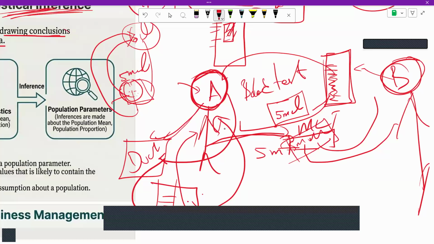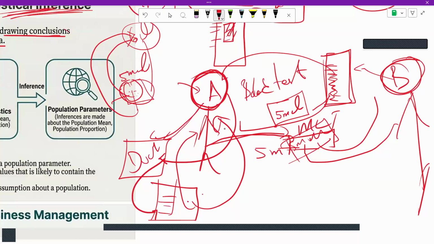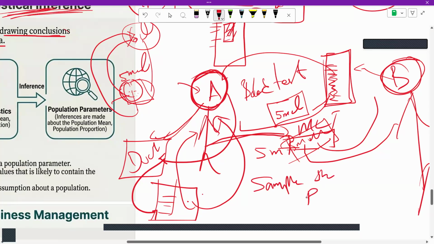Because that blood report is B's. Yes, very good. The thing is, the sample should be representative. So this 5 ml blood should represent A's blood. But actually, the report the MLT prepared is based on the analysis of 5 ml blood of Mr. B, right?